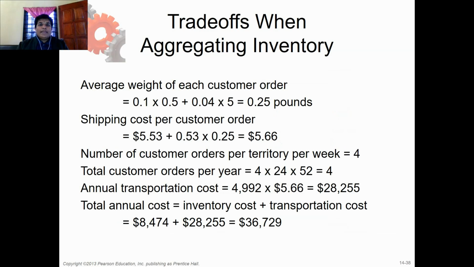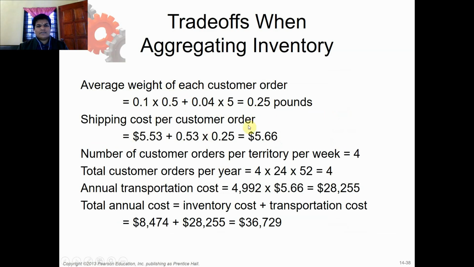Okay, so trade-off when aggregating inventory. Average weight for each customer order: 0.1 times 0.5, okay, do this first, then add 0.04 times 5. You will get 0.25 pound.